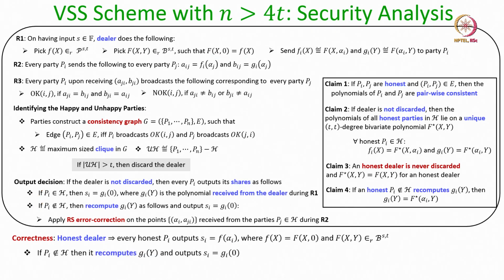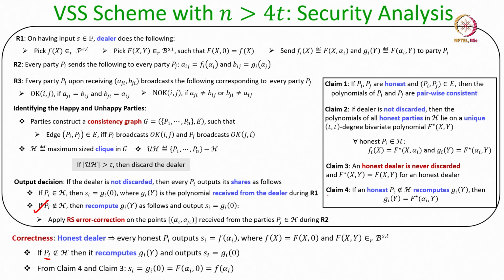Whereas, it could be possible that there is an honest party Pi who is not a part of the maximum sized clique, that means it is not a part of the happy set, in which case the party would have recomputed its column polynomial and output the constant term of that recomputed polynomial as its share.